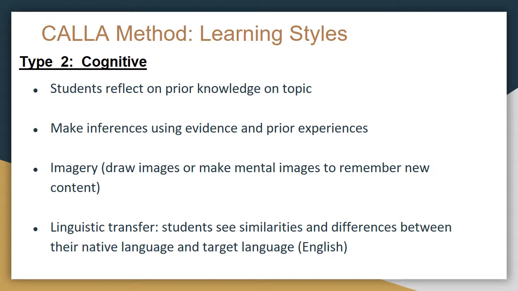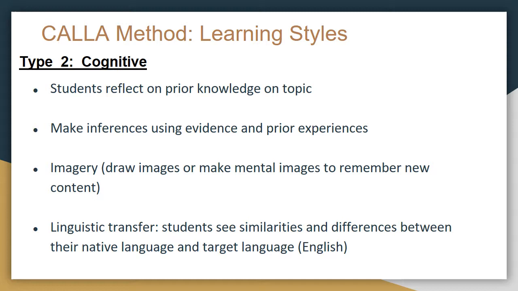They could also be asked to make inferences using evidence and prior experiences. Furthermore, students could be asked to use imagery. They could either physically draw images to help explain their comprehension or make mental images to understand and remember the content.